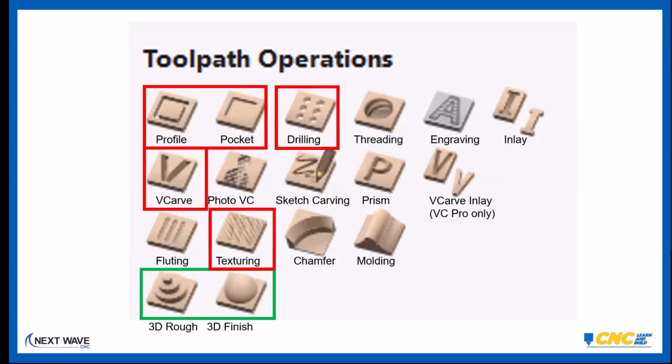Probably by far the most commonly used ones are these three right up here, the Pocket, Profile and VCarve. And then if you do a lot of 3D carving, those two are highly used as well. Some people definitely make use of the drilling. Some of these others are all specialties, for special types of applications. But tonight we're going to take a deeper dive into all of these and then look at the tool database setup for what it takes to set up a basic tool bit.